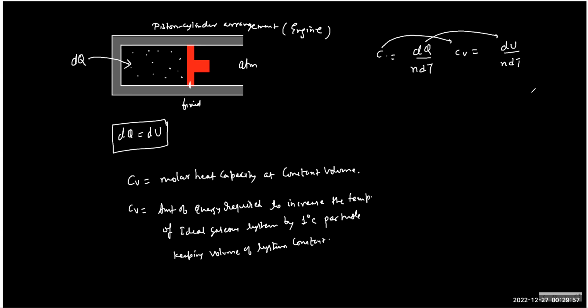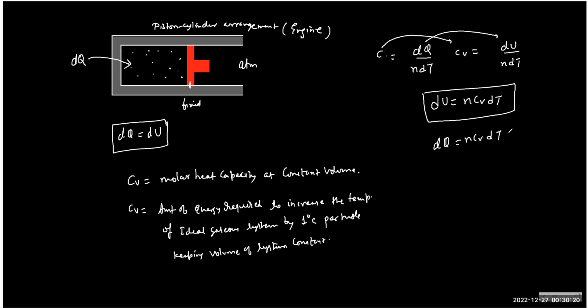Yes. Because CV means the energy given will definitely change only the internal energy, and that is where du has got a fixed formula. du is always n CV dt. Can we say dq is always n CV dt? Is it correct to say? Not necessary.